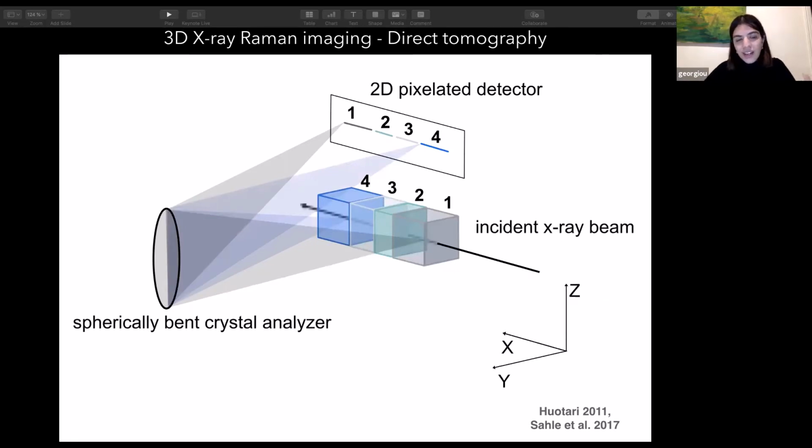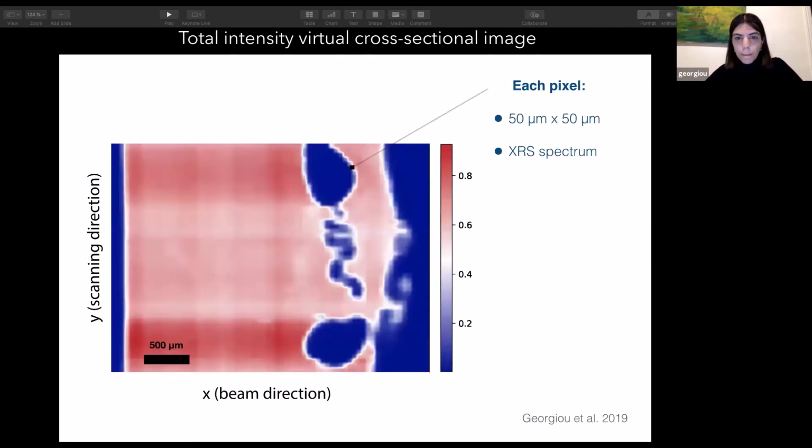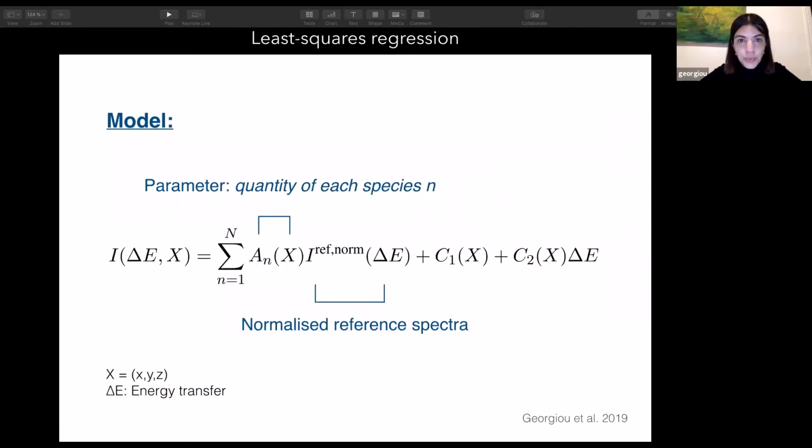So our spherically bent crystal acts as a mirror, let's say. And we scan the surface of the sample, but we obtain virtual cross-sectional images of the whole specimen. So for each voxel, we collected a complete XRS spectrum.